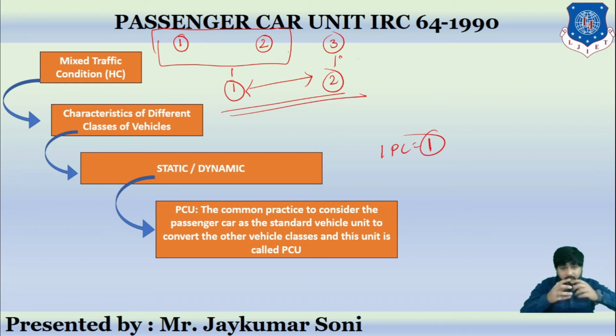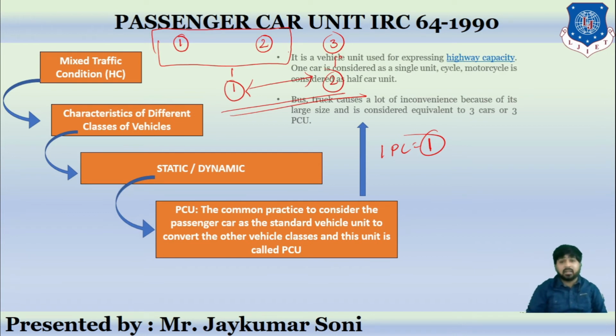So in order to have uniformity for these classes, we have to have a particular standard vehicle unit, and here we will consider a passenger car as the single standard unit, that is called passenger car unit.